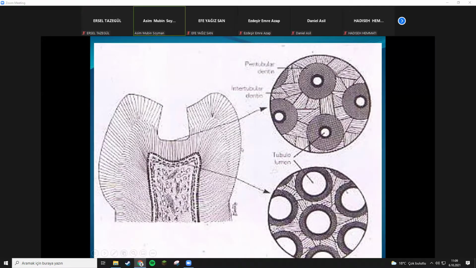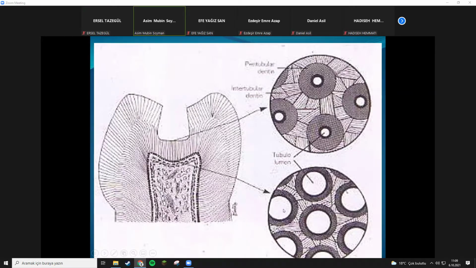So again, I have to say, this is a long cone, a truncated cone, just like a cone that is cut at the apex, and the diameter of the dentinal tubuli are narrow in the dentinoenamel junction.